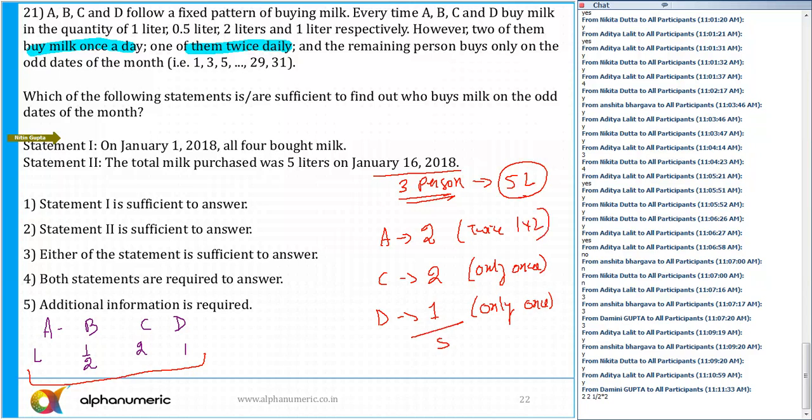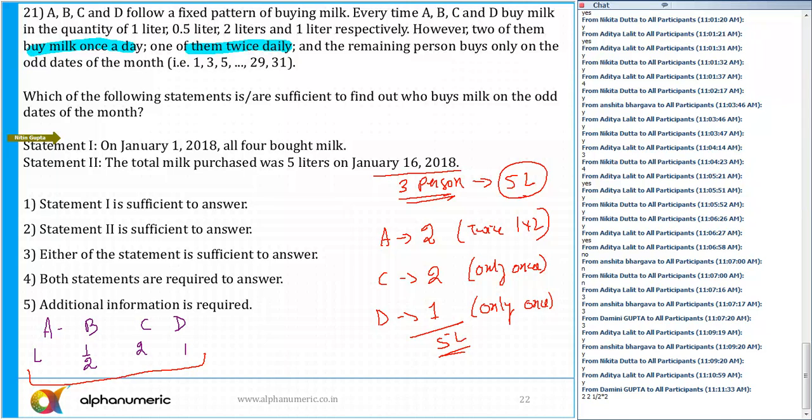So the total will be 5 liters. Any other possible combination to get 5 liters such that one person bought twice and two persons bought only once? Damni, that is not the correct combination. You cannot take 2 twice and also 1 by 2 twice. That is not possible. So the only combination is this one.